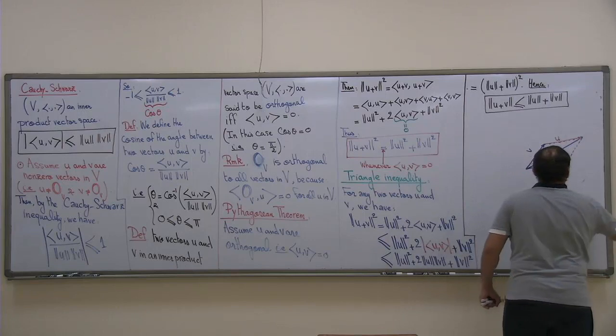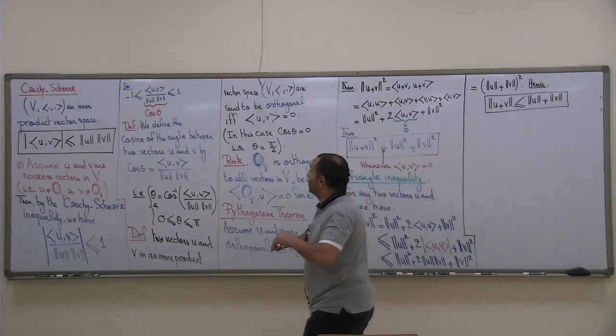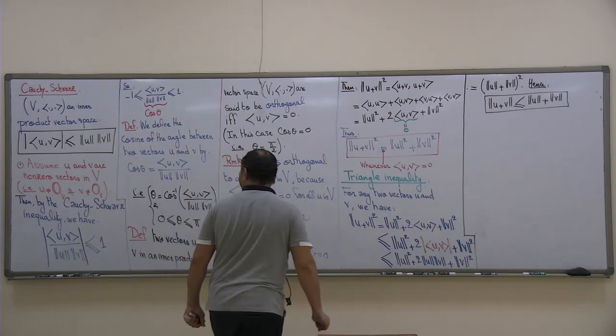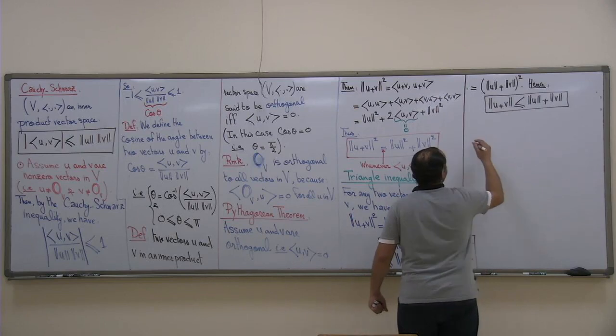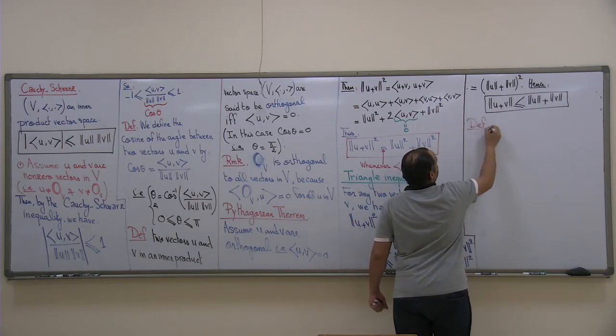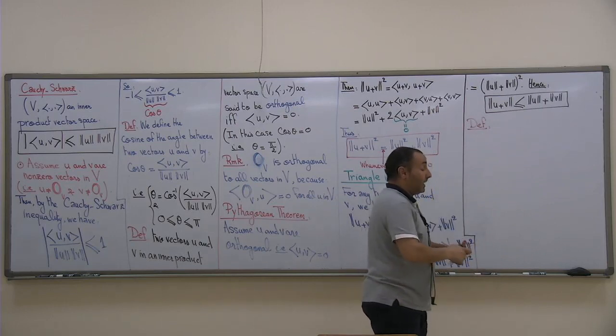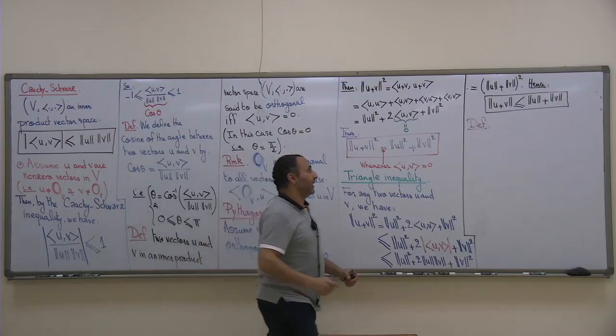Now another important thing here. I'm going to introduce the so-called orthogonal complement of a given subspace. So, definition. I'm assuming I'm inside a big inner product vector space.